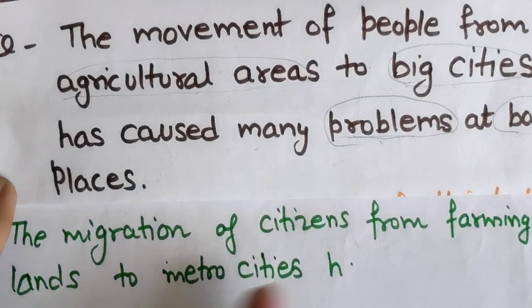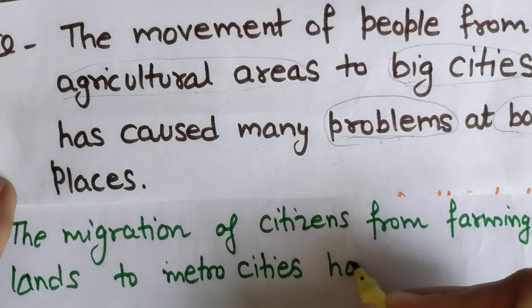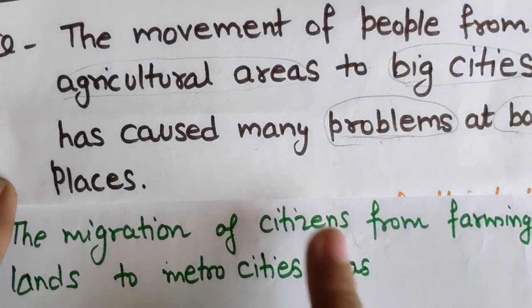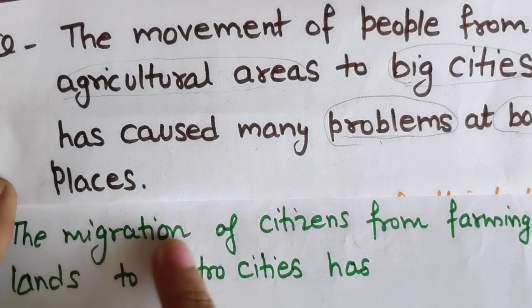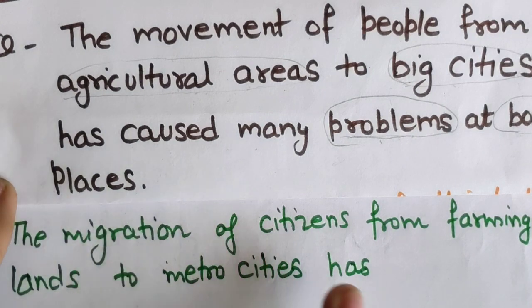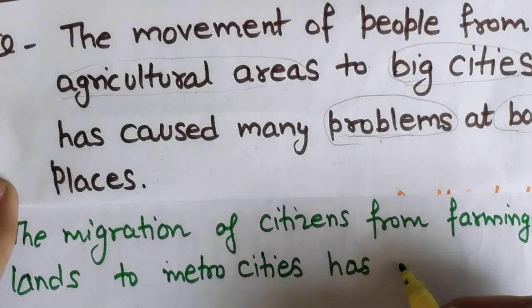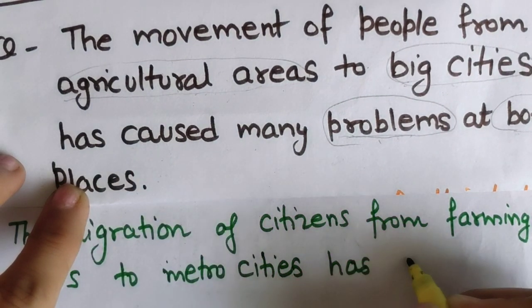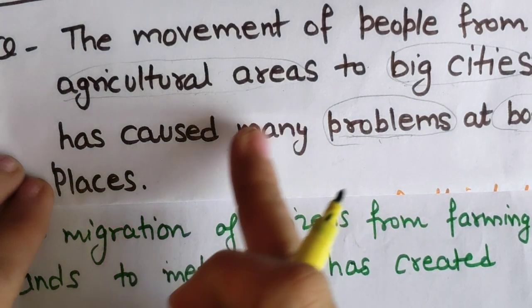Migration of citizens from farming lands to metro cities has... Why are we using "has"? Because it is already given in the question, and for this activity we are using "has" instead of "caused". What we can use is "has created". Okay, has created many problems.